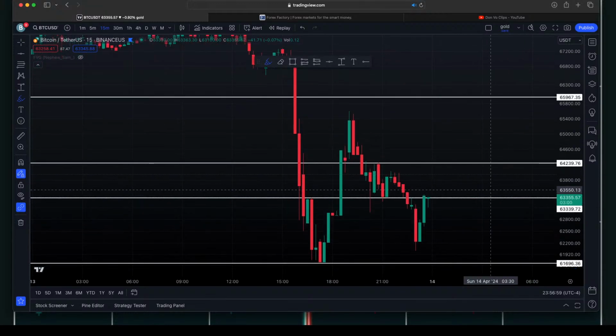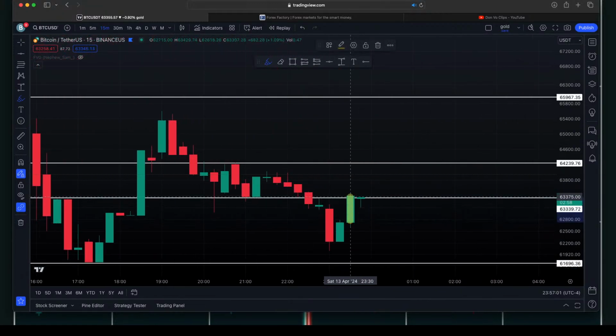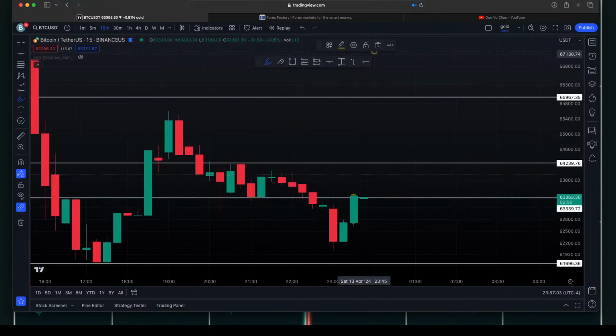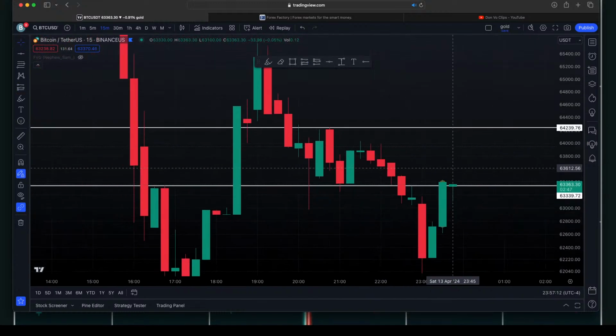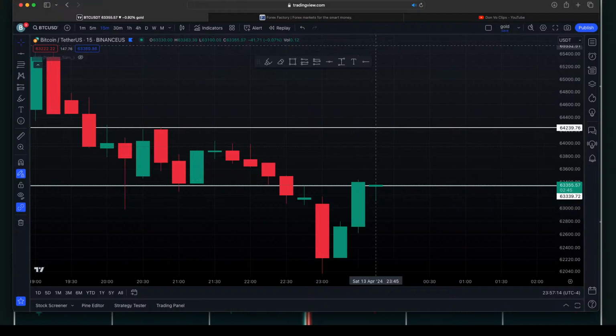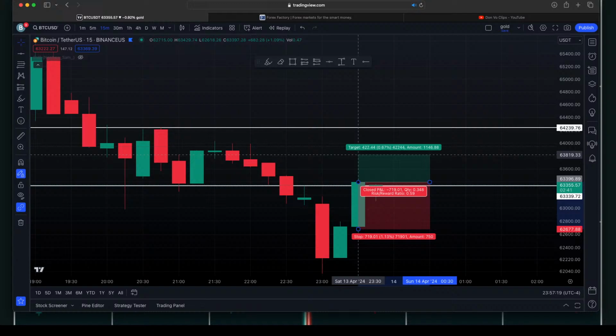If you see where this candle closed, it did close a little bit above that. So I'm wondering if we could take a possible buy at the break of this candle, maybe to these ranges right here.